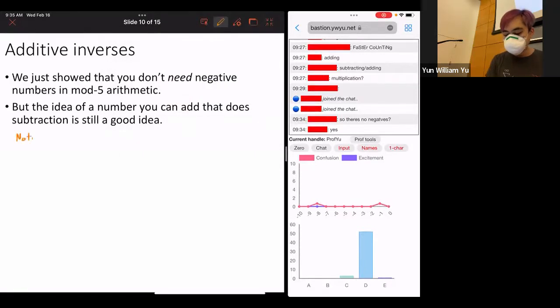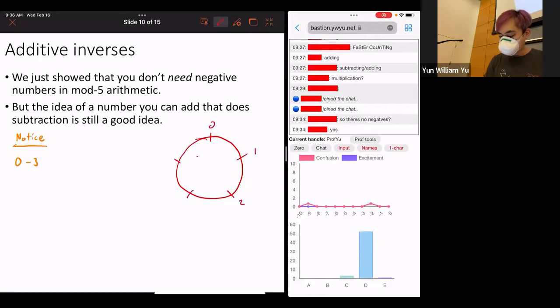So notice that 0 minus 3. Well, let's draw this out. 0, 1, 2, 3, 4. Well, what's 0 minus 3? Well, that's going 1, 2, 3. That's equivalent to 2, right?